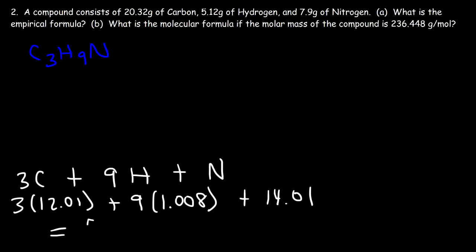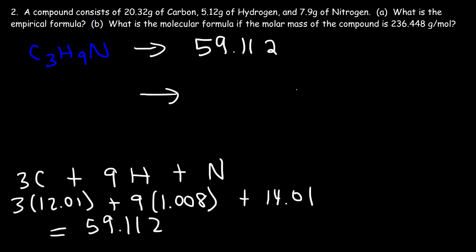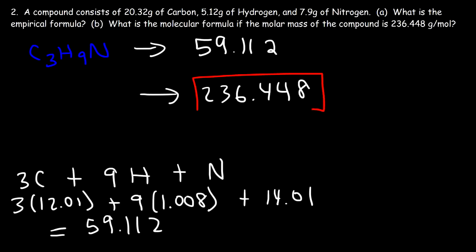So this adds up to 59.112. So that's the molar mass of the empirical formula. Now we need to find out the molecular formula that corresponds to 236.448. So what you want to do at this point is take the molar mass of the molecular formula and divide it by the molar mass of the empirical formula.